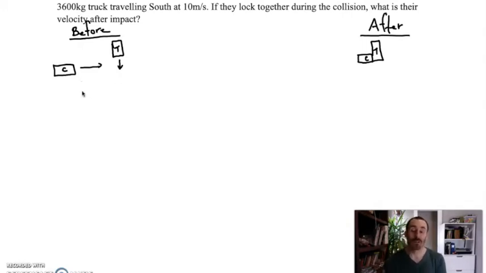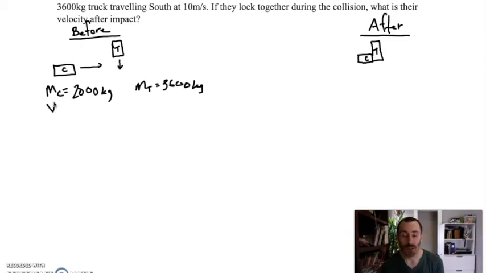Okay, so what we're going to do is catalog all of the information we have about the car and the truck before the collision, and then see what happens after the collision. So we know that the mass of the car, MC, is 2,000 kilograms. We know that the mass of the truck is 3,600 kilograms.